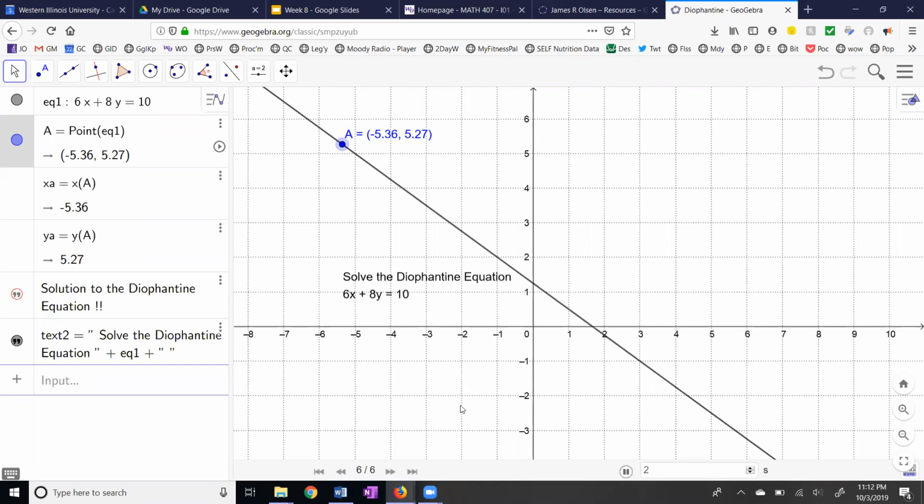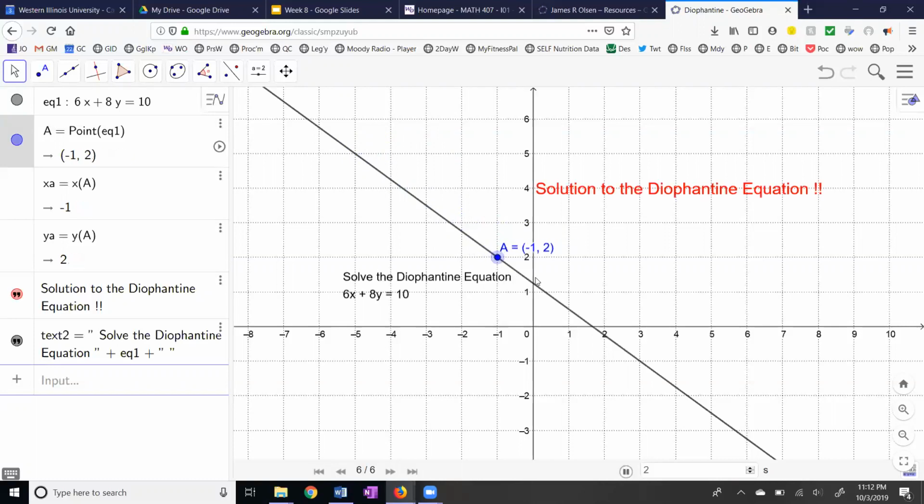It's in the old-fashioned standard form, but we could solve it for y and have y equals mx plus b. As we move along our curve, we'd like an ordered pair x, y that is an integer pair.